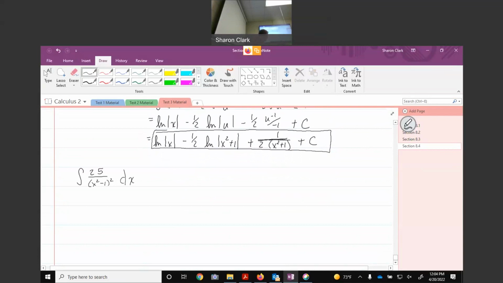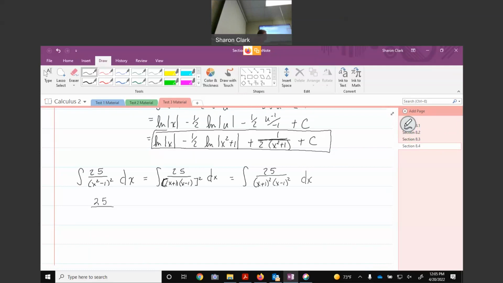So this is going to be 25 over x plus 1, x minus 1 squared dx, which is 25 over x plus 1 squared, x minus 1 squared dx. All I did was carry the power in.